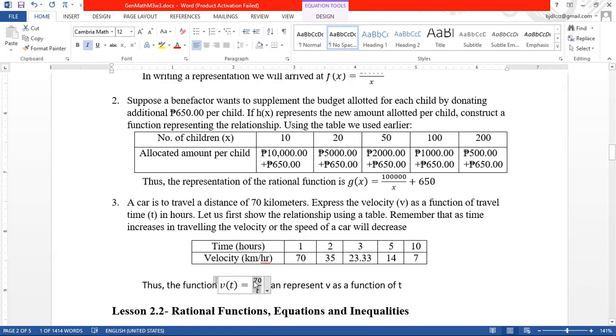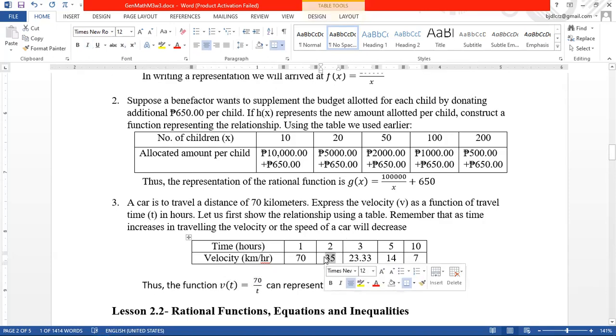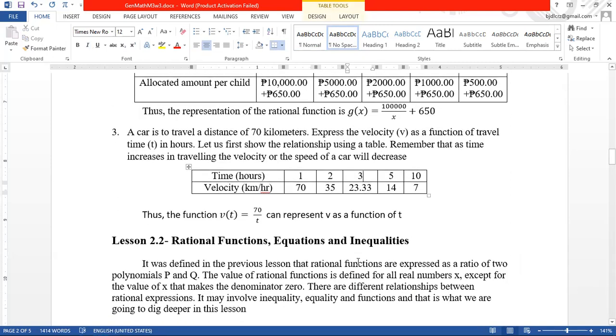The 70 is the distance of 70 kilometers that he will travel. In one hour of travel, divide by t, so 70 kilometers divided by the time, which is 1, so 70. Then for 2 hours of travel, 35 kilometers per hour is the speed, the velocity. Okay, and so on.